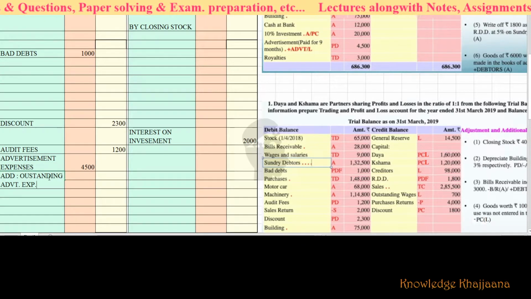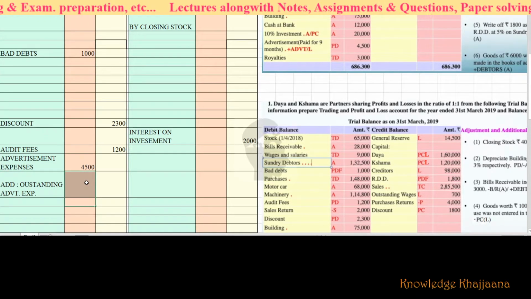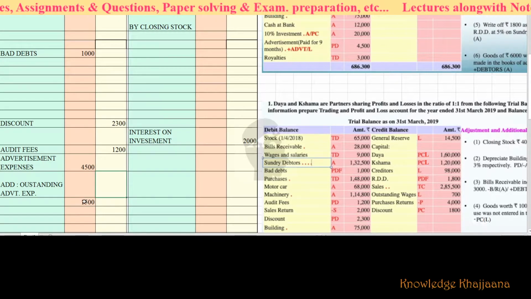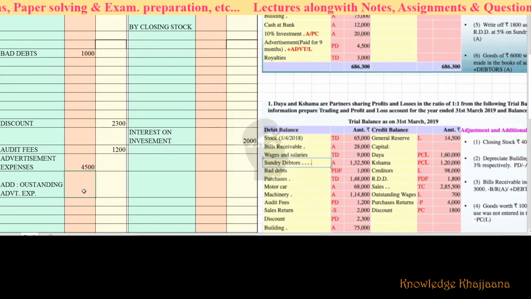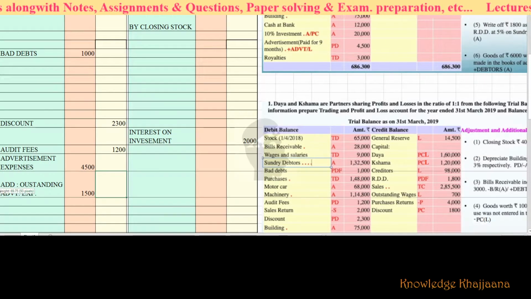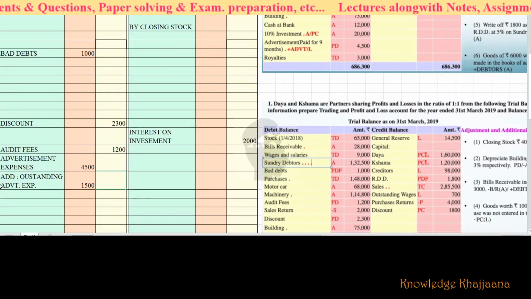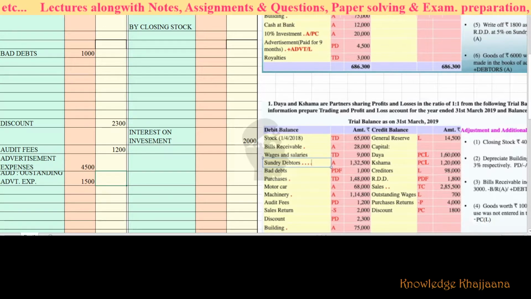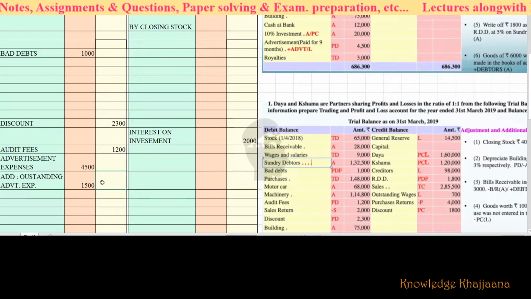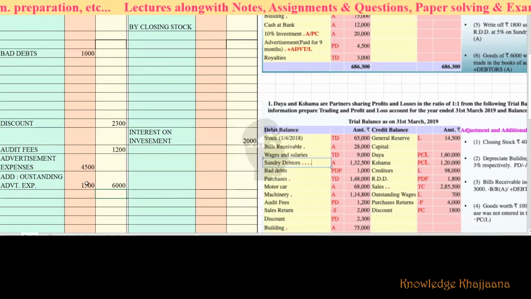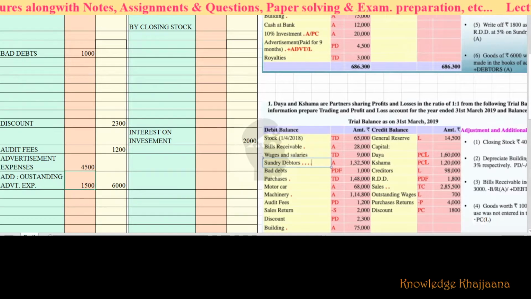What are the outstanding advertisement expenses? Rupees 1,500. So what is the total of 4,500 and 1,500? It is 6,000, right? So total advertisement expenses are 6,000.